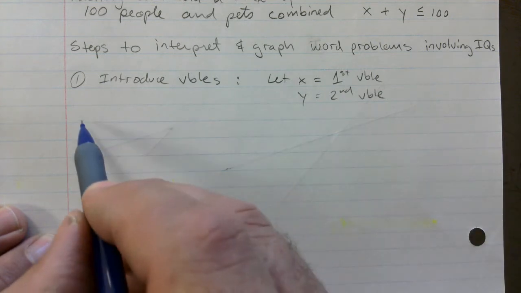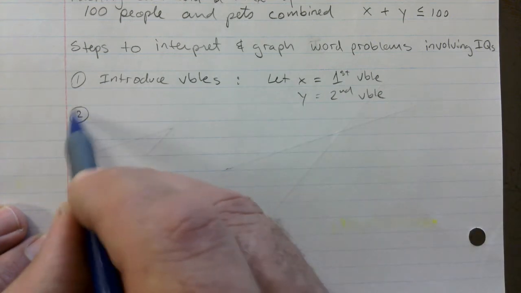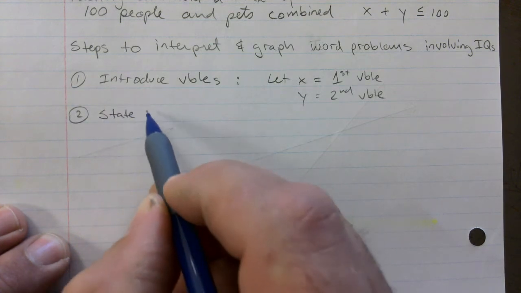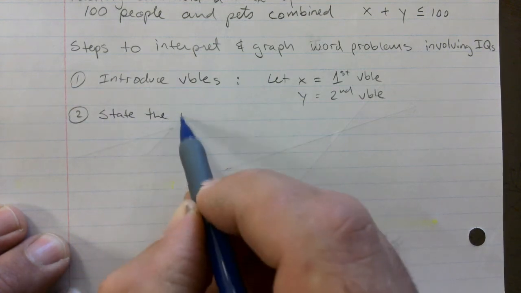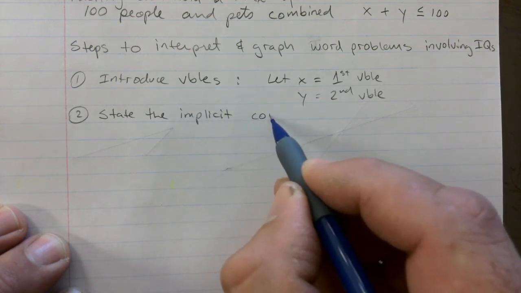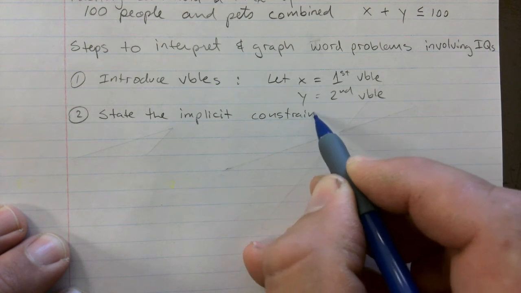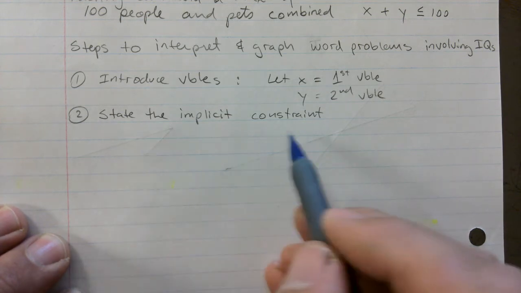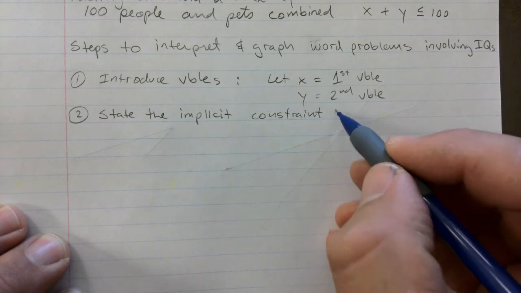Okay, so that's the first step. The second step, state the implicit constraint. What is that? Implicit means it's not obvious, it's not explicit, right? It's kind of like you have to assume that that's true. State the implicit constraint / restriction.